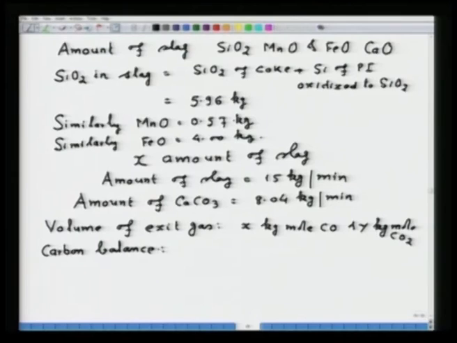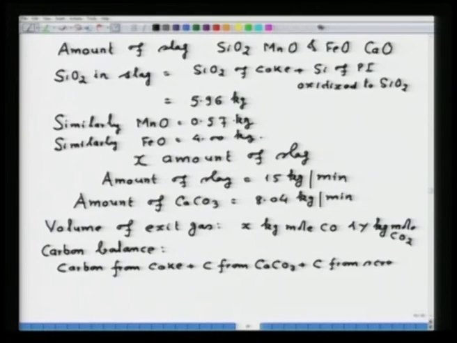Now, for the carbon balance, write down carbon from coke, plus carbon from CaCO3, plus carbon from scrap, plus carbon oxidized from pig iron, and in fact, also carbon oxidized from scrap.